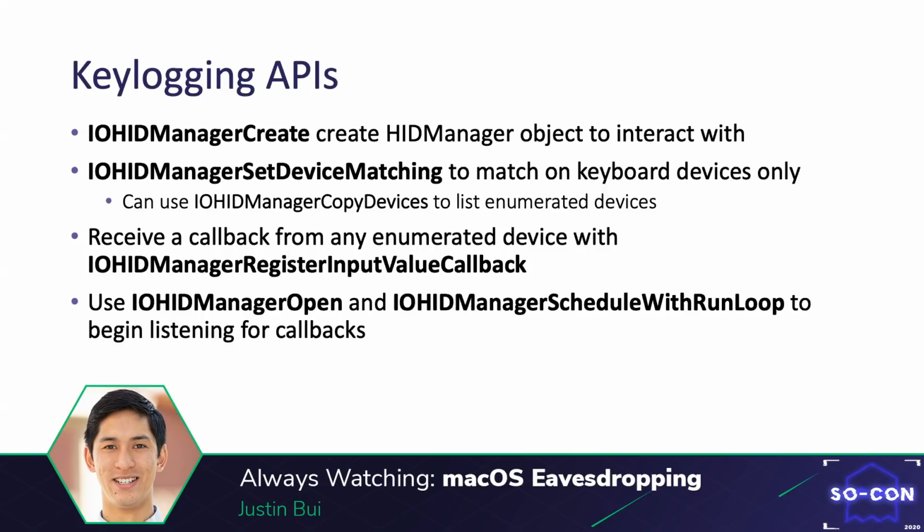After we've matched on just keyboard devices, we'll use IOHIDManagerRegisterInputValueCallback to receive a callback anytime an enumerated device sends input. So anytime a user presses some keys on their HID device, we're able to capture that input. Lastly, we'll use IOHIDManagerOpen and IOHIDManagerScheduleWithRunLoop to begin listening for callbacks.